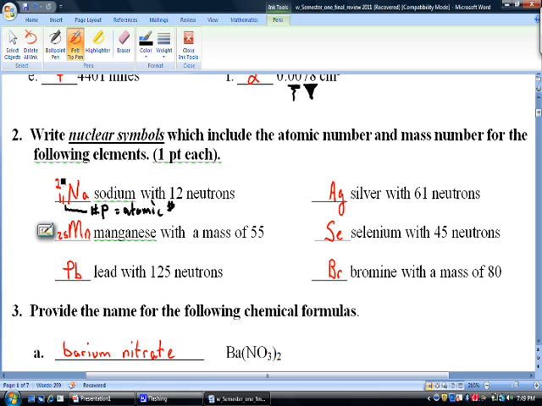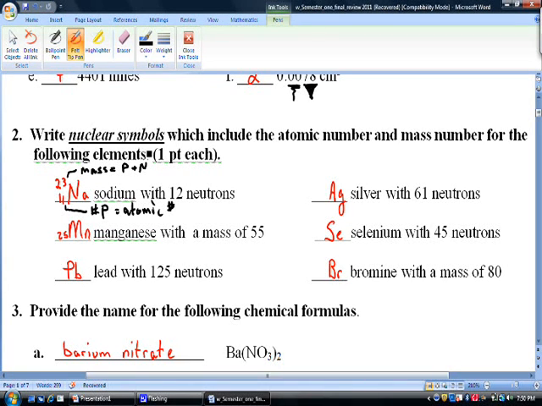The number on the top, right here, is the mass number. And remember, the mass number is the sum of the protons in the nucleus plus the neutrons in the nucleus.